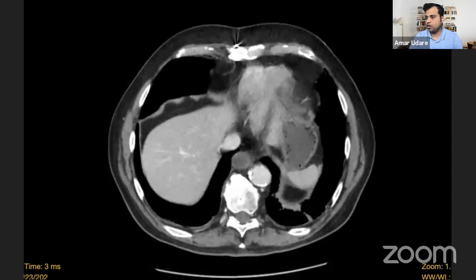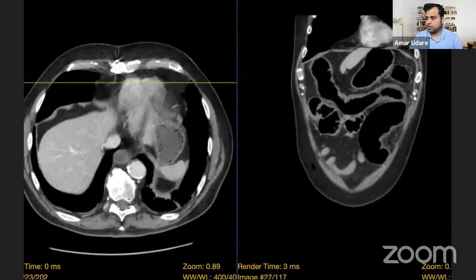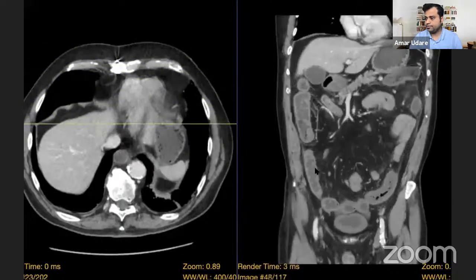Okay, so let's pull up the coronal CT as well. This may be helpful. So that's the coronal CT.